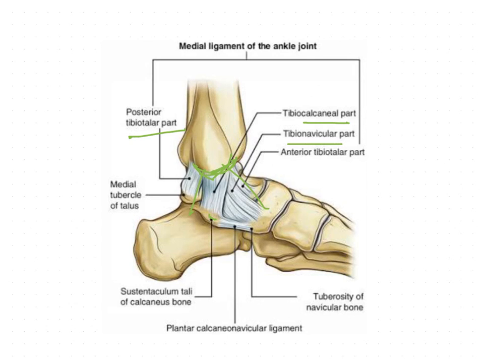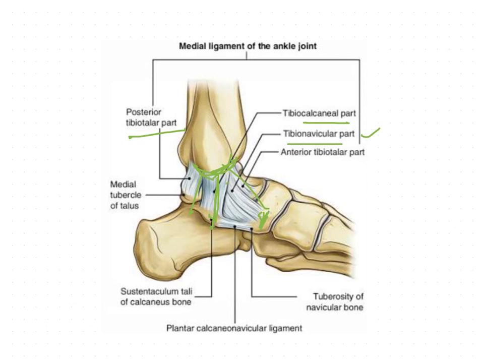Tibio-navicular is the anterior fibers, which are attached to the tuberosity of the navicular bone and to the medial margin of the spring ligament. Then the middle fibers, that is the tibiocalcaneal ligament, which is attached to the whole length of the sustentaculum tali.